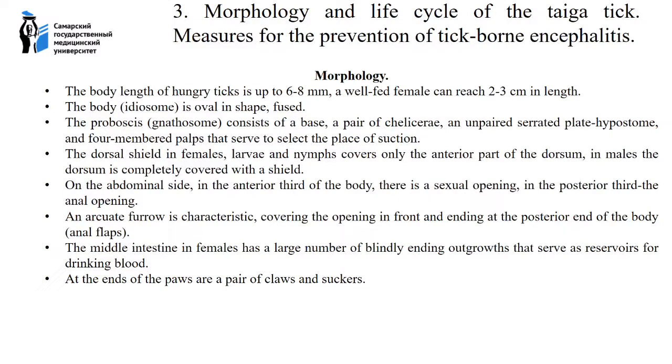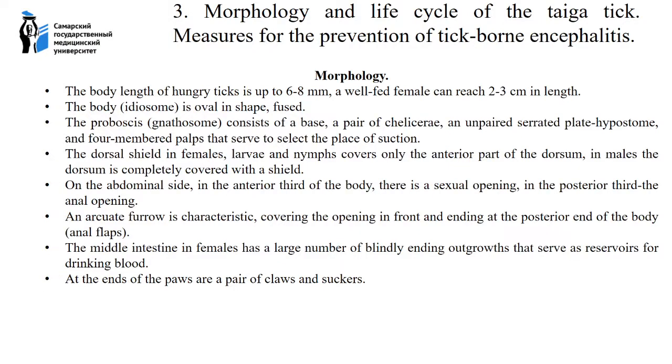An arcuate furrow is characteristic, covering the opening in front and ending at the posterior end of the body at the anal flaps.